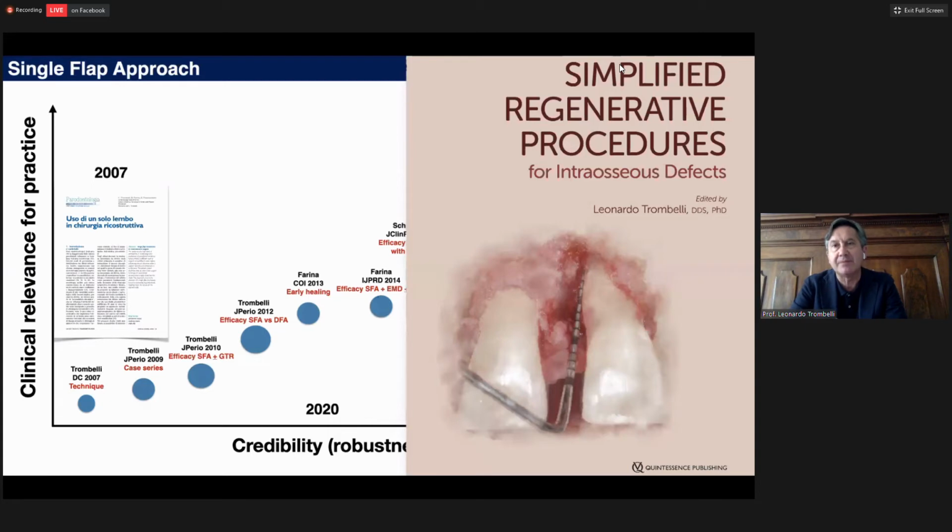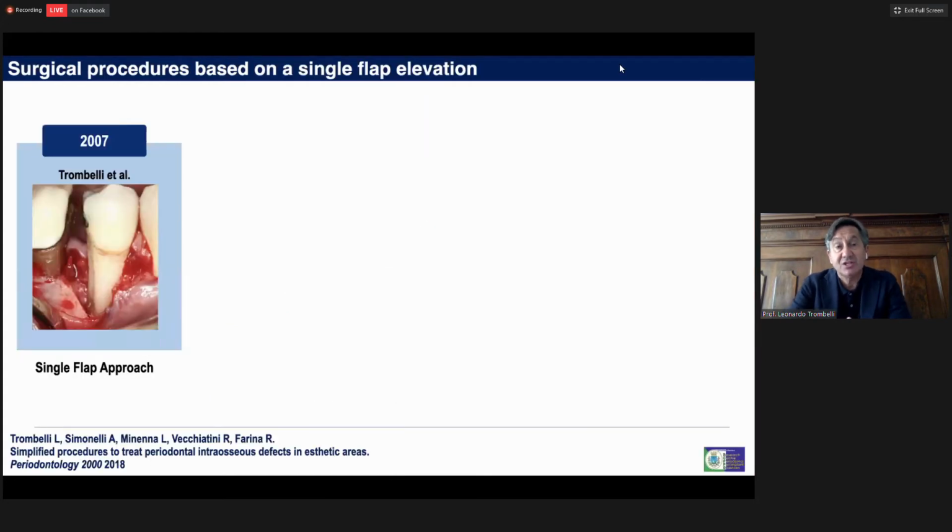We have recently published this textbook on simplified regenerative procedures, particularly to deal with deep intraosseous lesions. And since we started in 2007 introducing in the literature the single flap approach, the idea was considered valid.